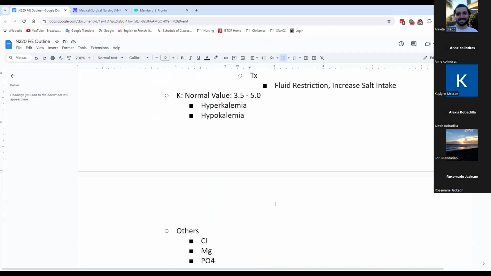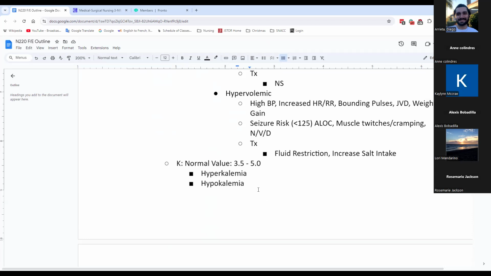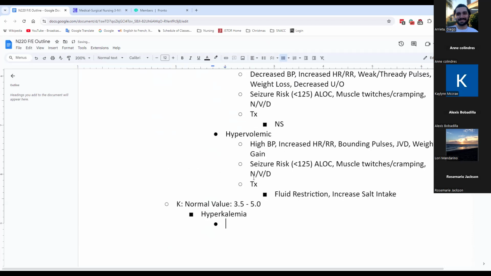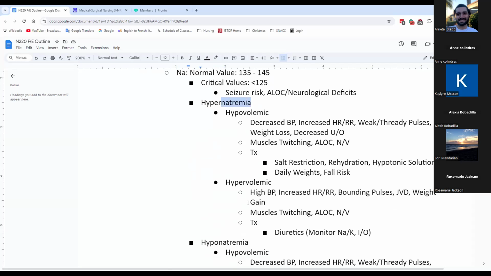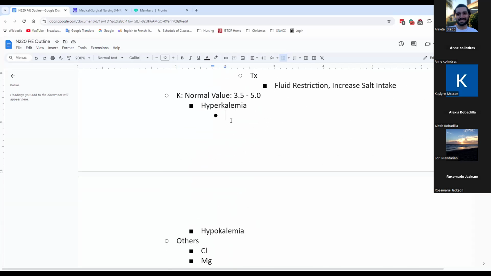All right. So now we're going to talk about potassium. Does anyone know why there's hypo and hypervolemic versions of your sodium imbalances, but there's not one for your potassium?